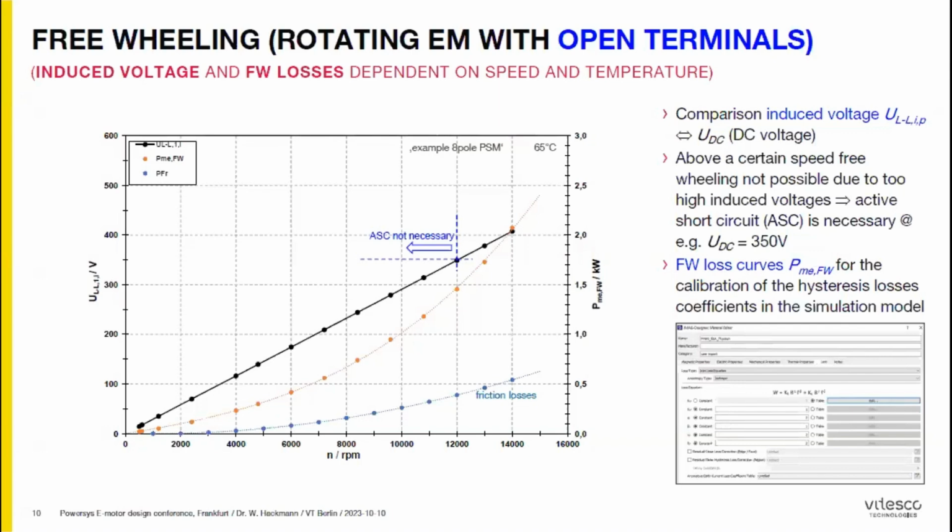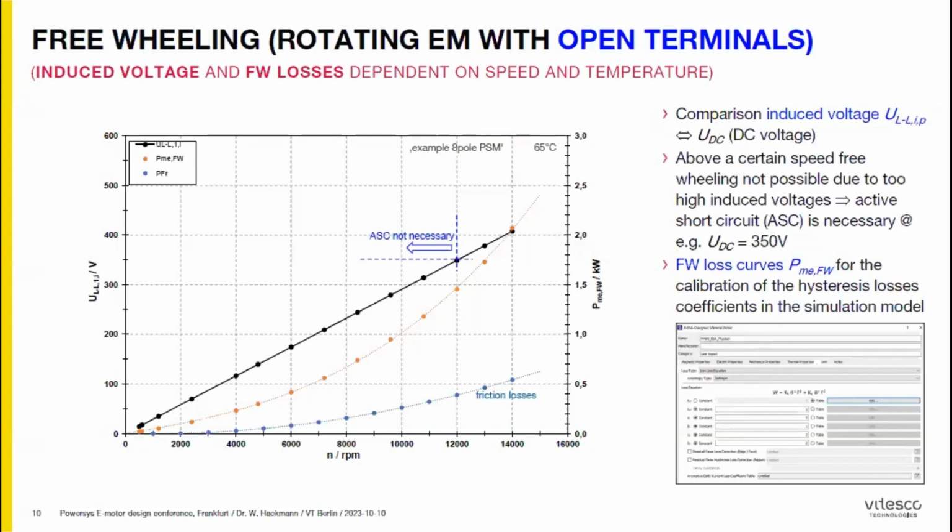The other side is to measure the losses, and you see these curves here. These are the freewheeling losses, and one part of these freewheeling losses is the mechanical friction losses, which were measured before. The difference between both is the losses in the lamination stacks, normally I would say 90% in the stator and a few percent also in the rotor as stray losses.